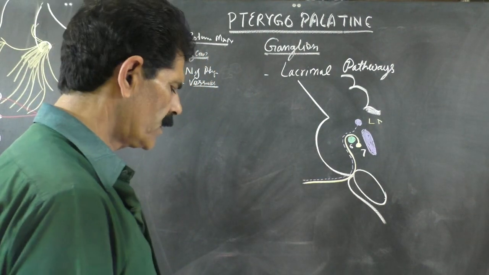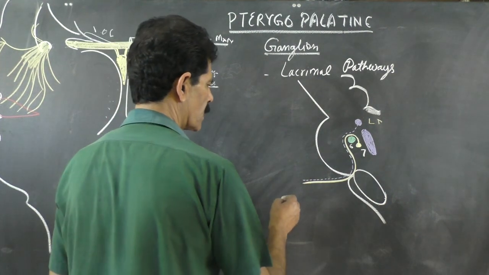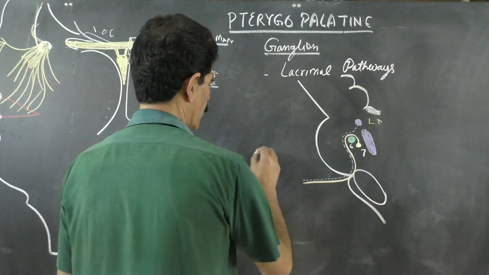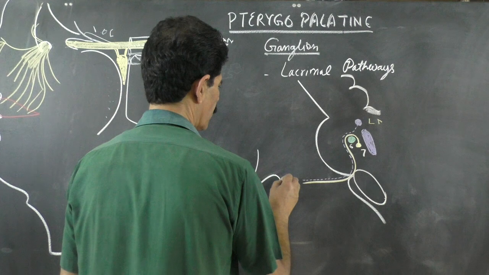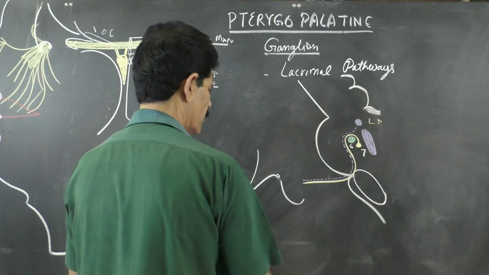As we know, the facial nerve is made for the face muscles, the motor. So this nerve comes out of the stylomastoid foramen.